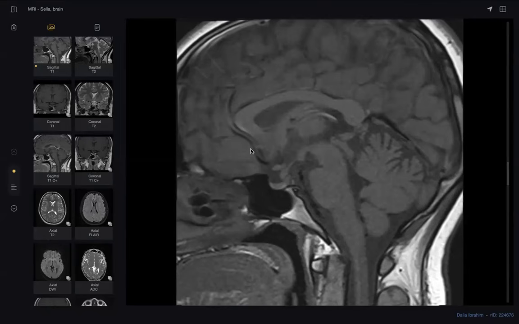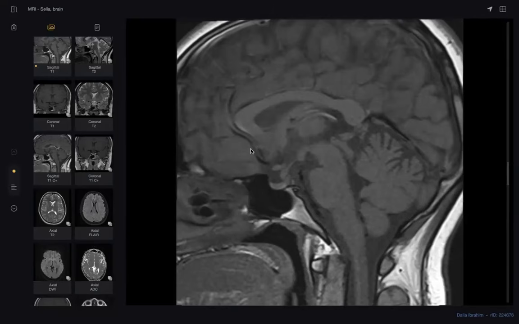Tell me, there is another very important finding here. You told me there is nodular thickening of the stalk. What else? Do you have a doubt of a specific disease? There is another finding.